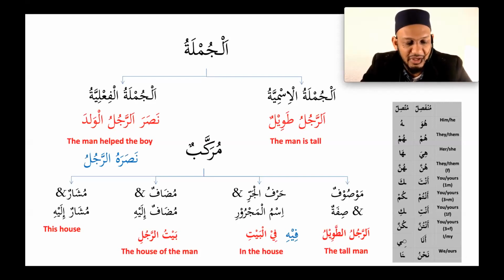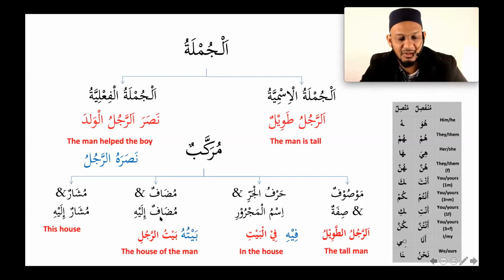Next one. Baytu-r-rajuli means the man's house or the house of the man. How do I make it his house? Instead of saying the house of the man, I have to say the house of him. It becomes Baytuhu. How do I say it's their house for a mixed group?